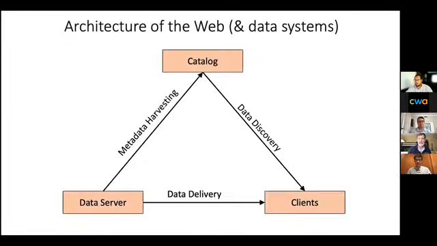I will end, to wrap up this little segment, by just saying that this isn't actually a completely new idea. The whole internet, the web, and smart data systems are built on these triangles of interoperability between the catalog, i.e. Google, knowing all there is to know about all the web servers and data servers that are out there, and the web browser knowing enough to start the search with the Google catalog, and then the Google catalog says, your answer is over at this other source of data, and then the data being delivered so that it can be read by the web browser, right?